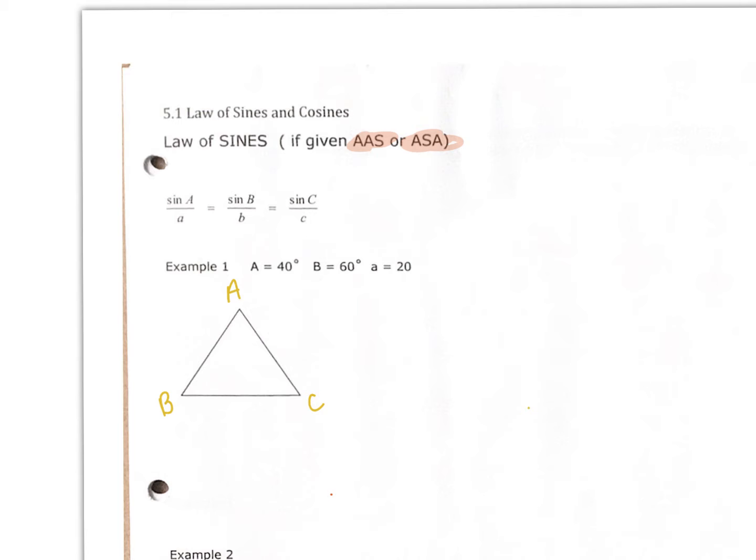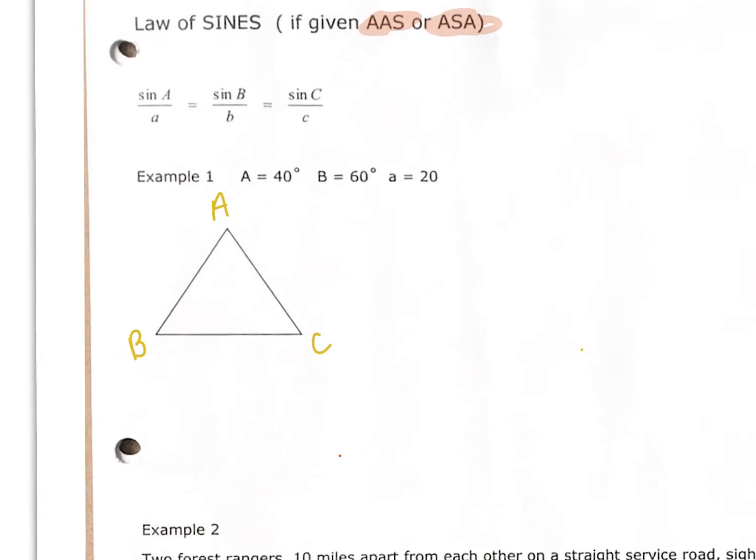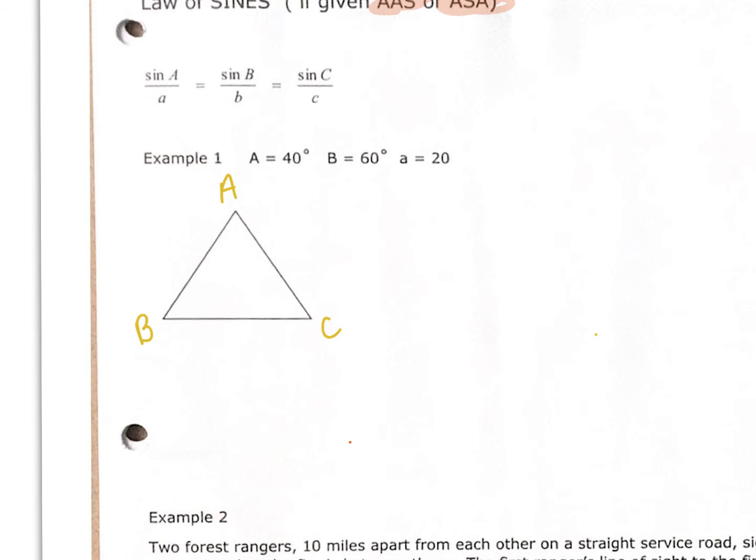What I want you to notice about how we use these formulas is that we're going to look at this as a proportion, so we'll use two of these together at one time in order to set up our proportion, and then we can cross multiply and solve, okay? We're given information about A, B, and C. It does not matter where you put A and B and C for the angles.